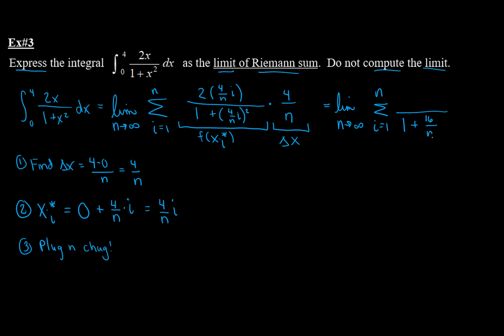I don't know. And then I've got the 2 here times 4, so 16 times 2, so 32. And then I have i, and then I'm going to have another n. That's going to be in the bottom, though.